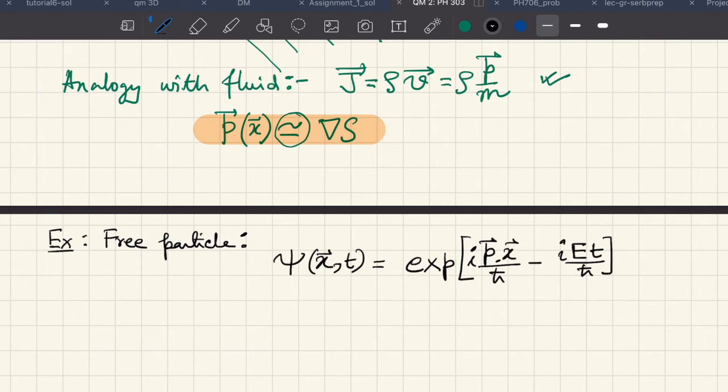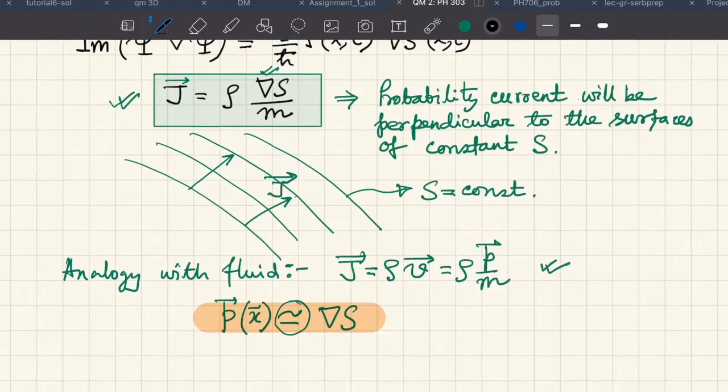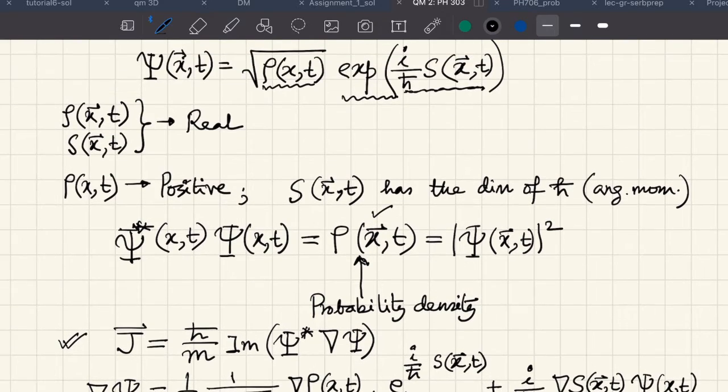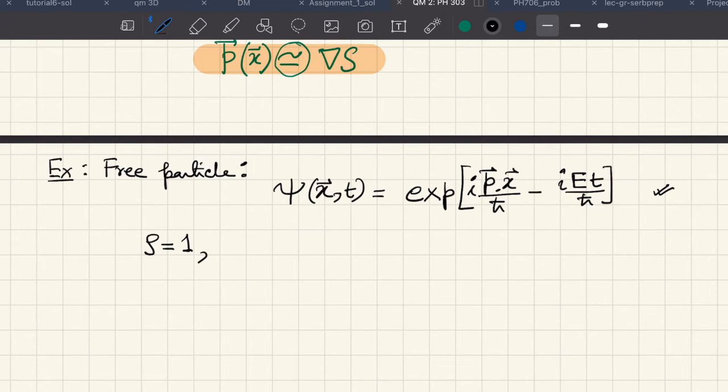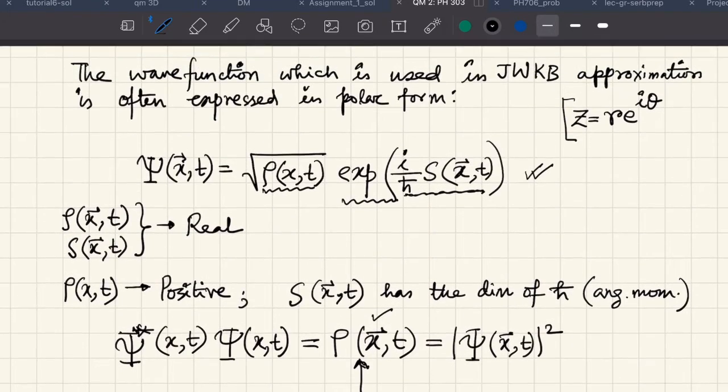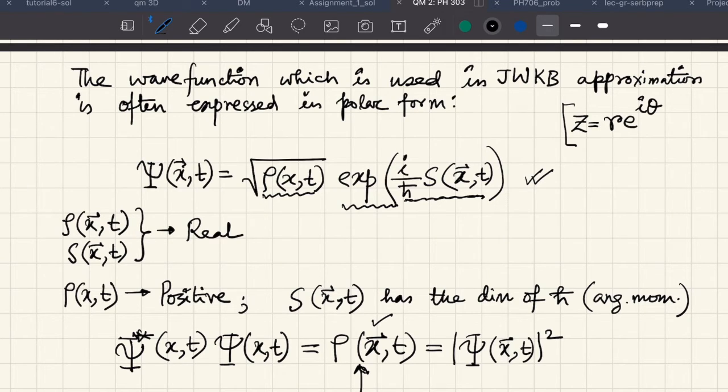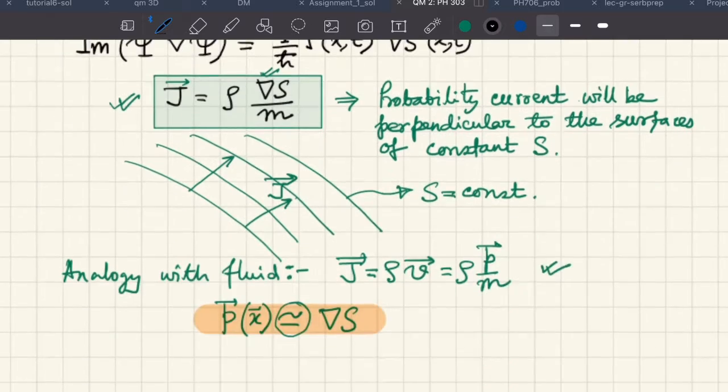This immediately tells us that if we compare this expression with our general form of psi, which we have written here, then our rho in this free particle case will be 1, and S of x,t will be p dot x minus E t, because this factor S comes with a prefactor of i by h bar in the exponential, which is already present.